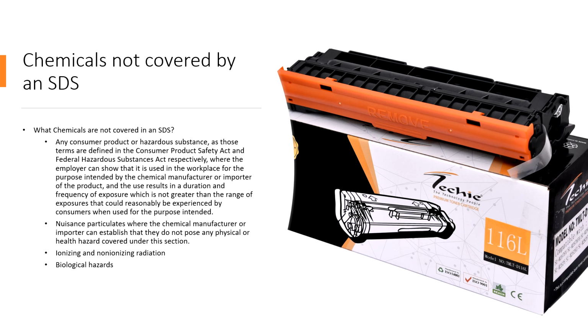When you think about a toner cartridge, you stick it in your printer. It's going to be in a solid state. It's a foot long, a couple inches thick. You just basically take it and run it in. In a foreseeable emergency, you're not going to be exposed to the ink that's in there. In a foreseeable emergency, that will not spray into your eyes. It will not damage your skin on your fingers.